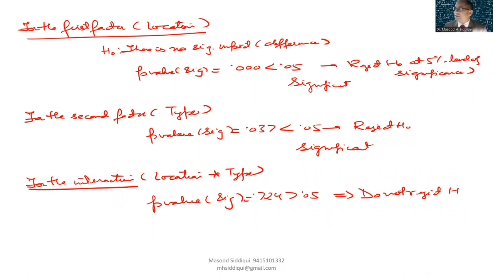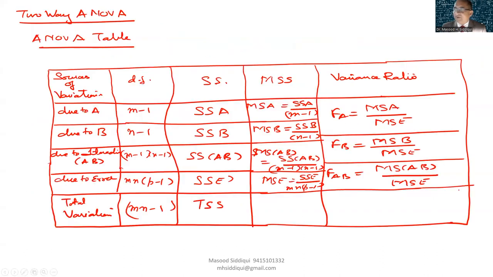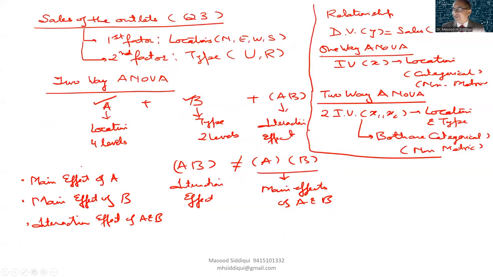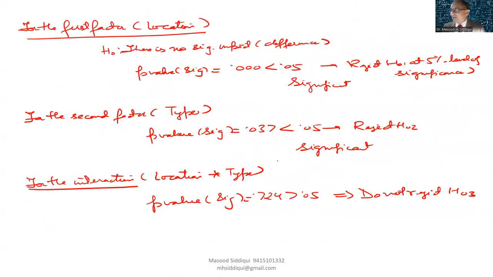Or you can say this is H01, H02, and this is H03, right? Remember, we have three hypotheses: H01 for the main effect of factor A, H02 for the main effect of factor B, and H03 for the interaction effect. So you can say that main effects are present.